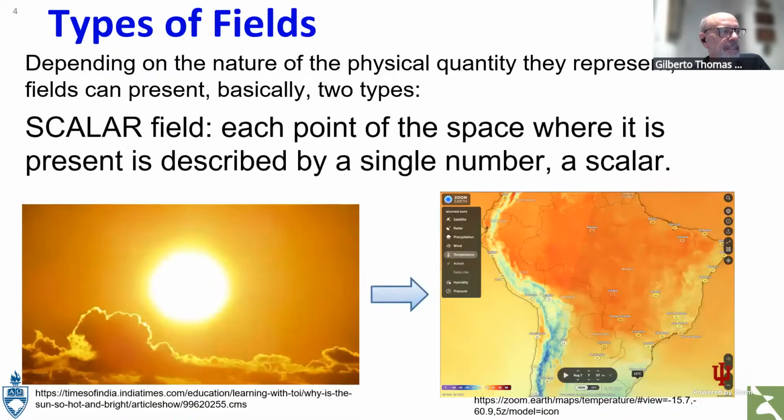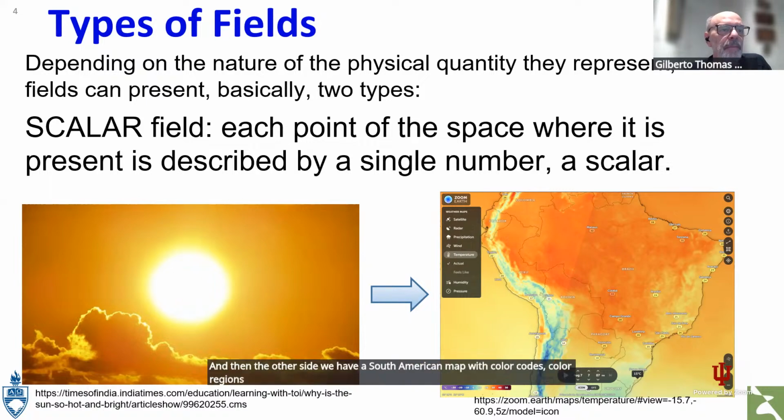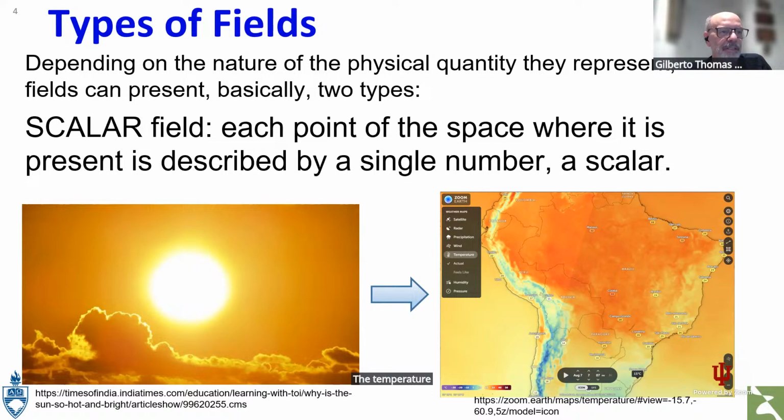For example, here I have a picture to exemplify a scalar field. We have the sun, which is the biggest flame we have around. And on the other side, we have a South American map with color codes, color regions representing the temperatures of the regions. So a scalar field describes the space with a single number, a scalar.